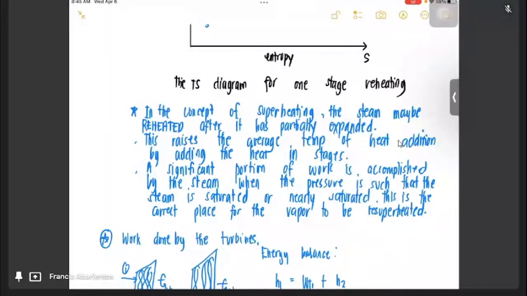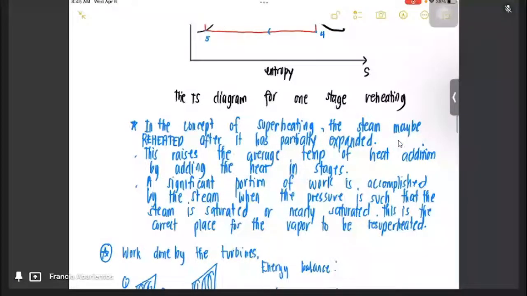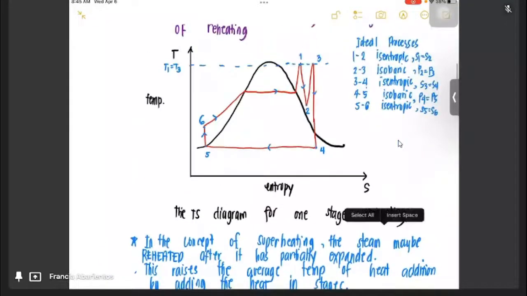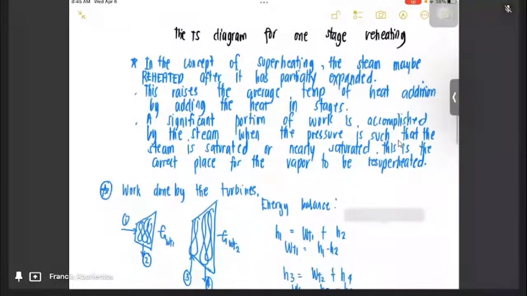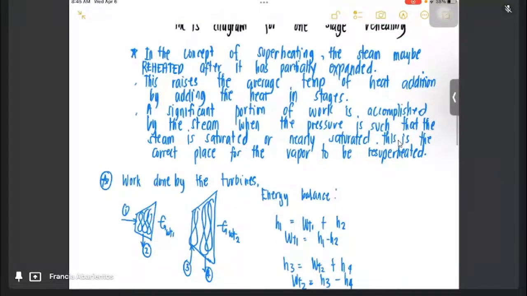So this raises the average temperature of heat addition by adding the heat in stages. So a significant portion of the work is accomplished by the steam when the pressure is such that the steam is saturated or nearly saturated. Take note of that. If hindi given sa problem, from point 1 to point 2, ina-assume natin, class, saturated yung liquid natin. Okay? So this is the correct place for the vapor to be re-superheated.